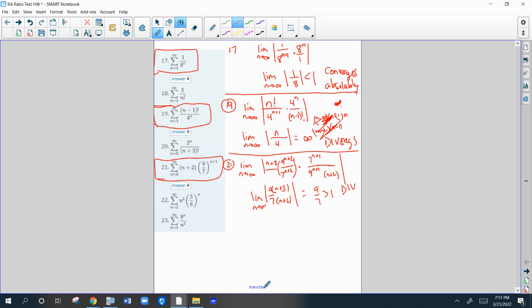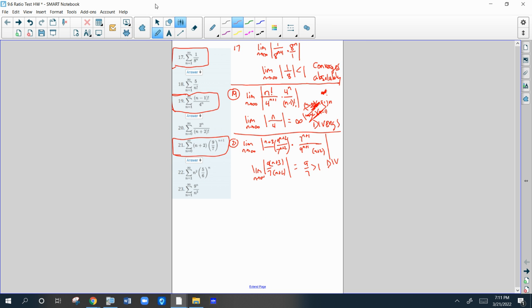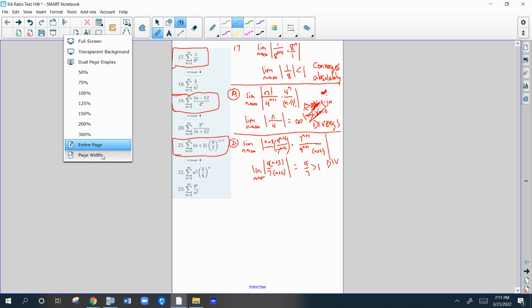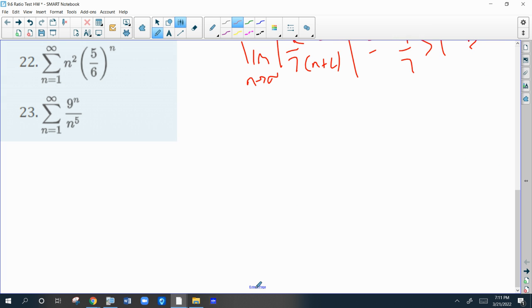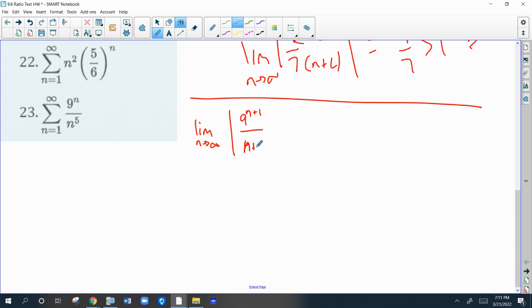I'm going to get down to the last one down here, 23. So here we go. Let me zoom in a little bit. All right, so 23, the ratio test says we're taking the limit as n goes to infinity of the absolute value of the n plus first term divided by, or multiplied by the reciprocal of, the nth term.